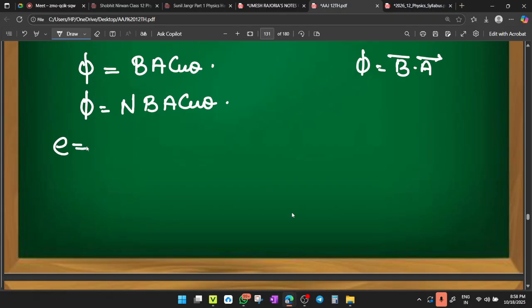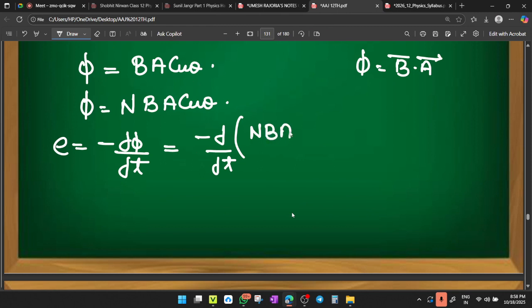Now, EMF is equal to minus d phi by dt by Lenz's law, right? So if you place here d by dt and inside the bracket N B A cos theta, then check in how many ways you can develop your EMF.